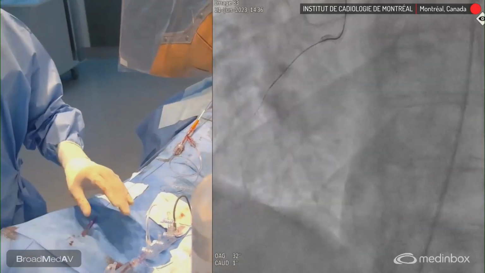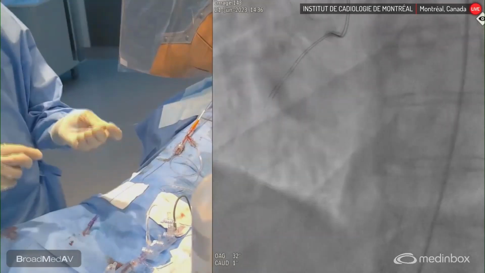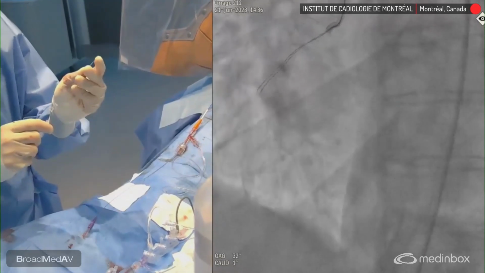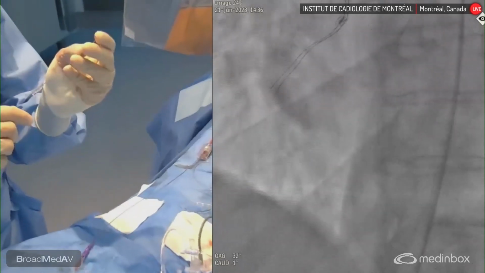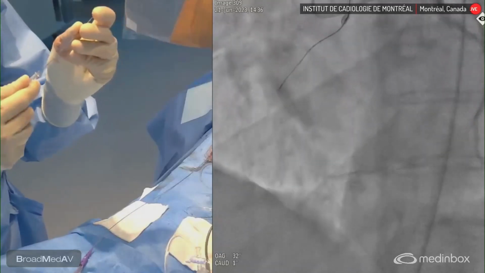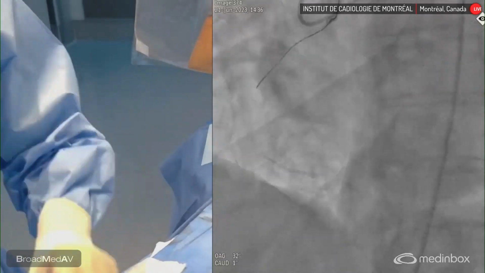So Gladius is a polymer jacketed wire. It's one of the most recent additions to the CTO arsenal. It has a 3.5 gram tip. It's a dual core, and it has a very specific characteristic that the tip is very foldable. So it's a very favorable wire for forming a knuckle.